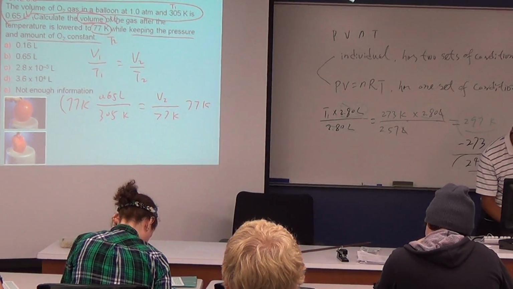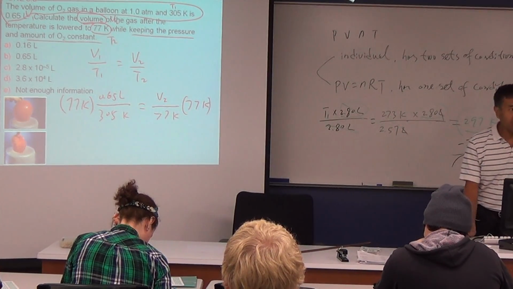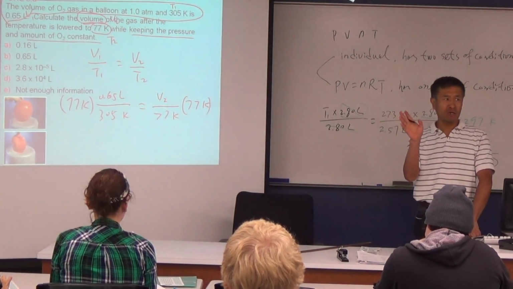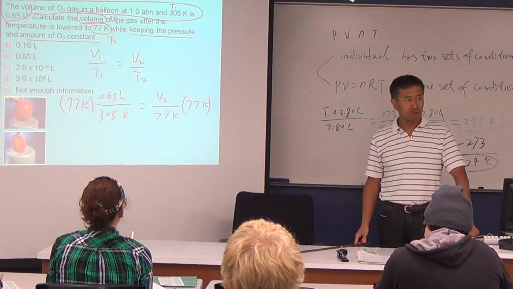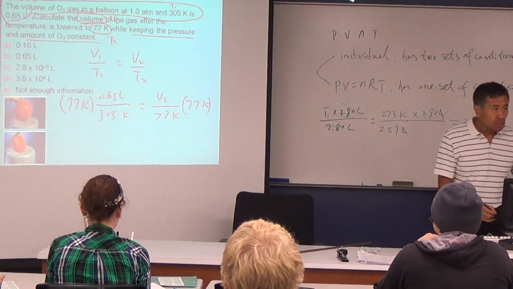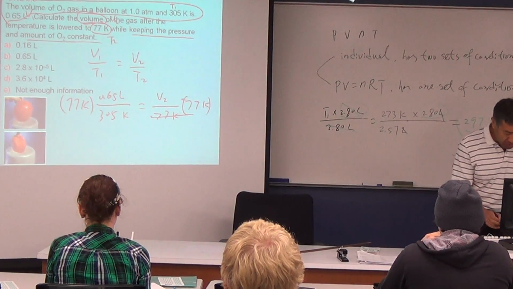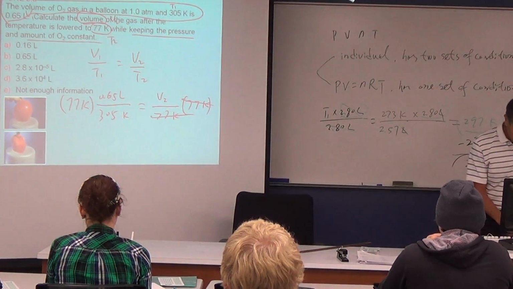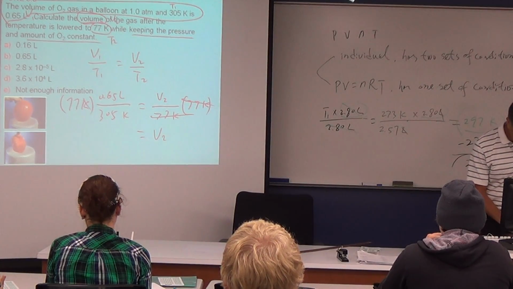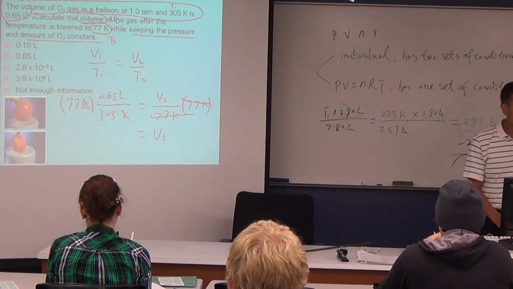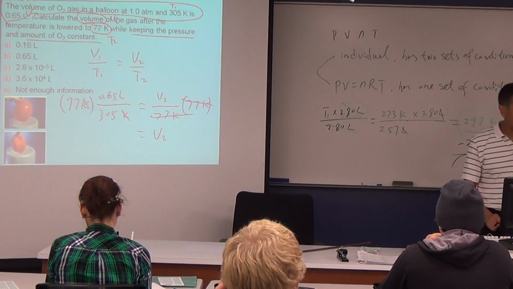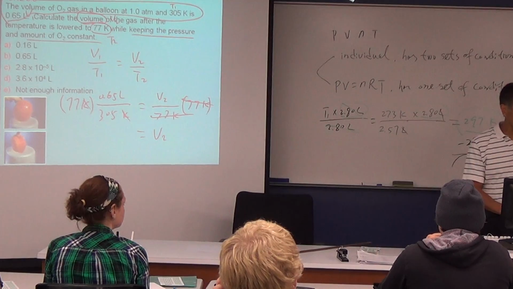I put this in parentheses, because that is the step we just did. Understand? Right? So then this is all crossed out, and that's much easier. And then K and K cancel. Then you do a calculation, and you will get some number that will be smaller than 0.65.